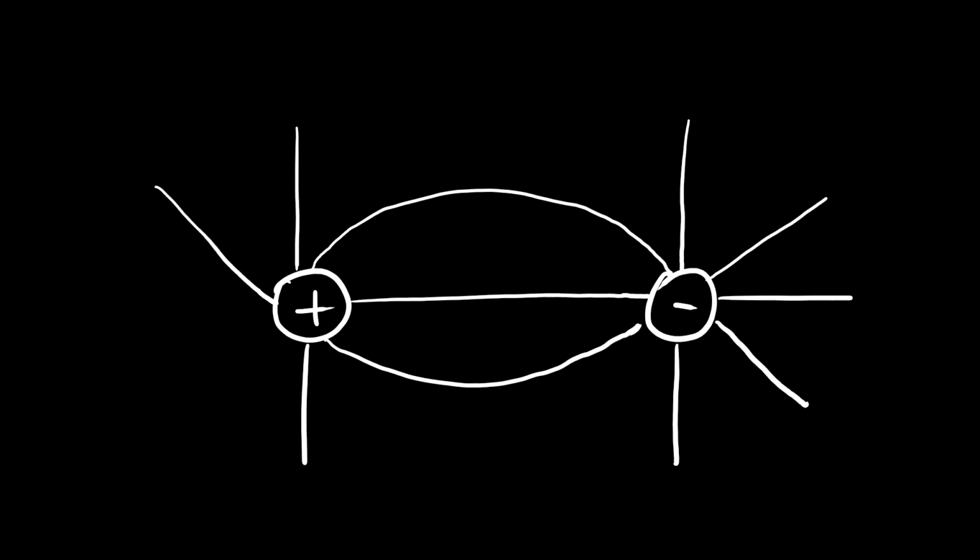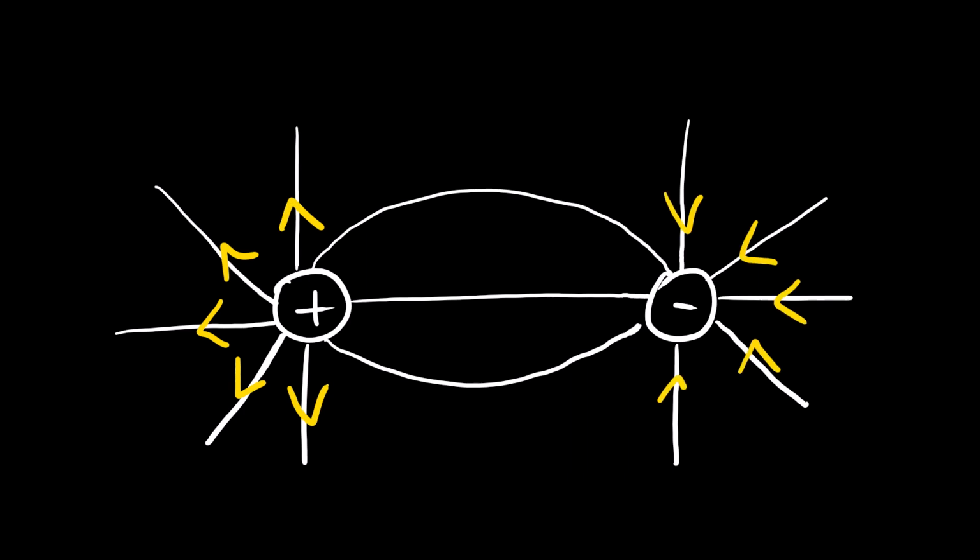Whenever we have unlike charges, the lines will join the 2 charges. Remember, for positive charge it's away, so the arrows will be like this, and for negative charge it is towards. For these lines joining the 2 charges, the direction is from positive to negative.